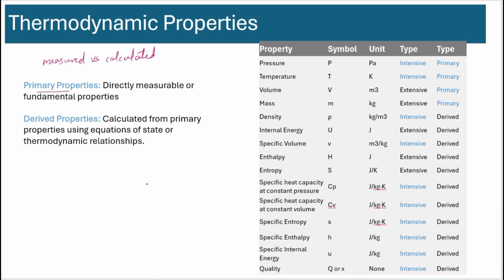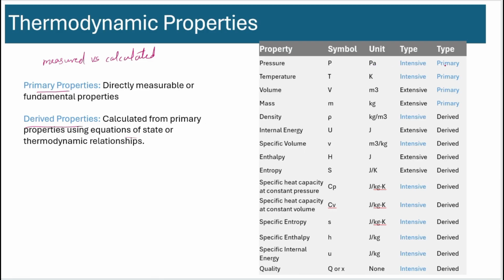And if properties are calculated from primary properties using the equation of state, they are called derived properties.